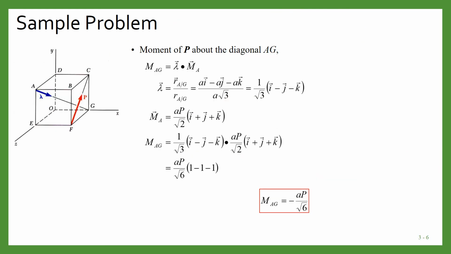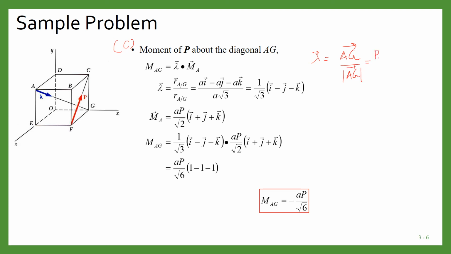Now this is the third part of the problem. So moment of P along this diagonal, okay. So again, now we need to calculate this lambda. So lambda will be equals to AG upon magnitude of AG.